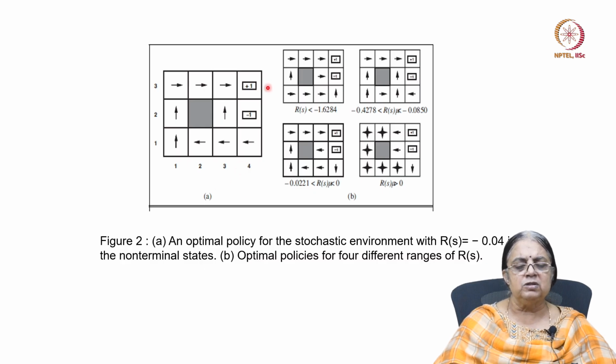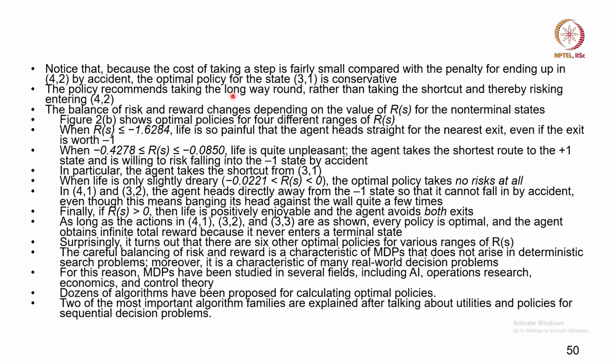This is the optimal policy for the stochastic environment where R(S) is equal to minus 0.04 in the non-terminal states. So you find that a policy has to be got for this, and the policy will also depend on the value of R(S) that you have at the non-terminal states.